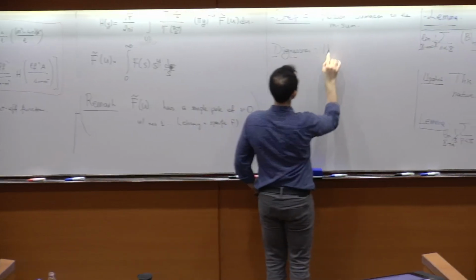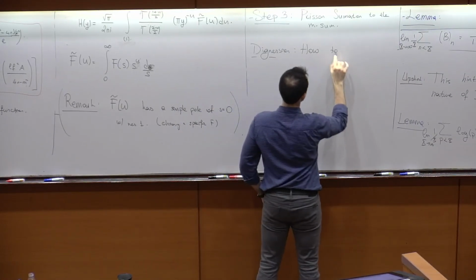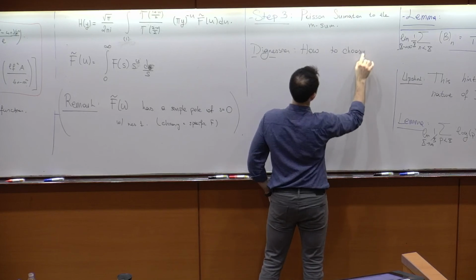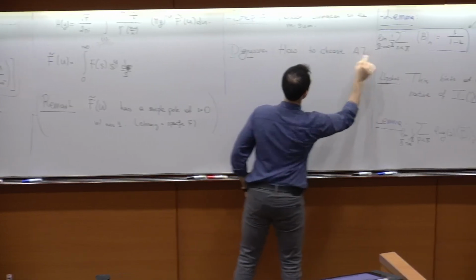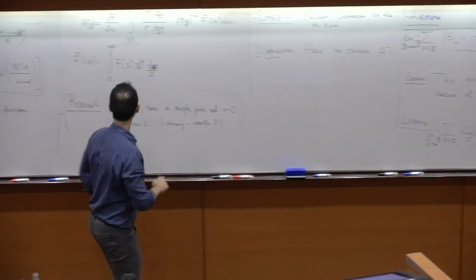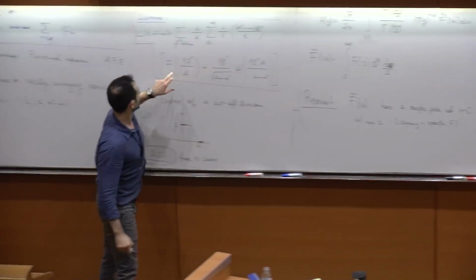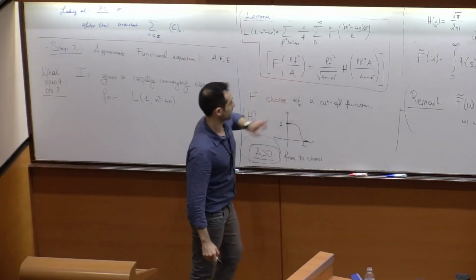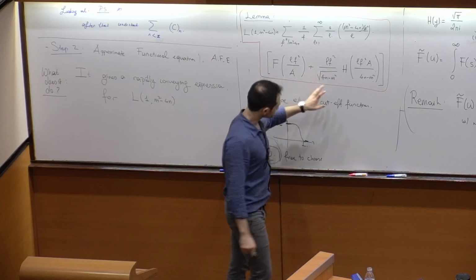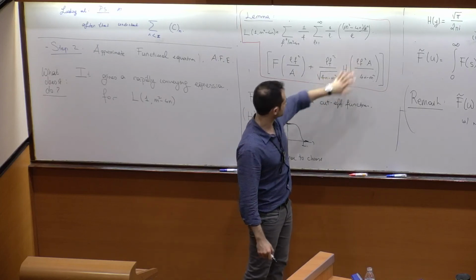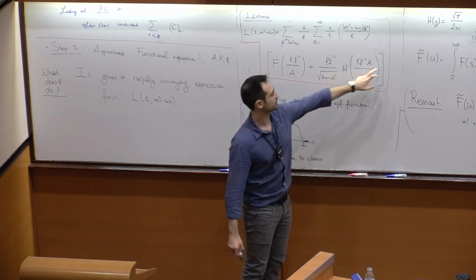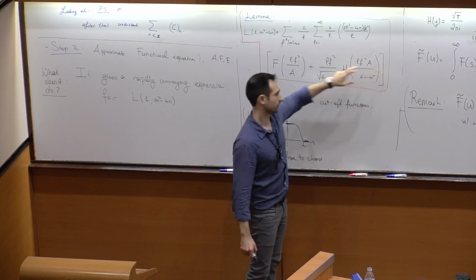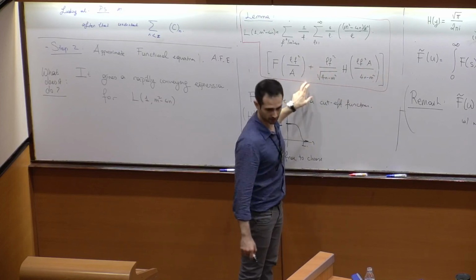How to choose a. This will be a little bit technical, but it is actually quite nice. So I'm going to do this over at this FLF squared over a type. First of all, as we have discussed, if I choose a too small, then the second part of the sum gets longer. If I choose a too large, then the first sum gets longer.